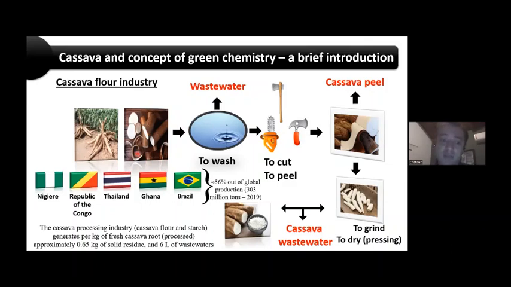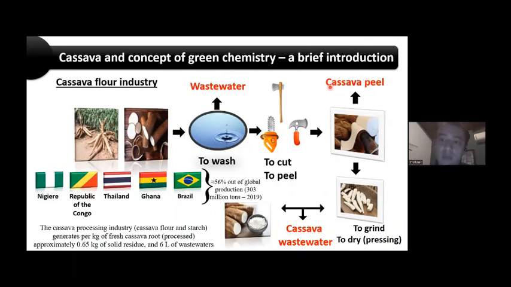First you have to crop it, and after that you have to wash it. And this wash water is one of the residues, the waste, that we can apply in order to add value. So after washing, you have to cut and peel. The cassava peel by itself is one of the wastes.